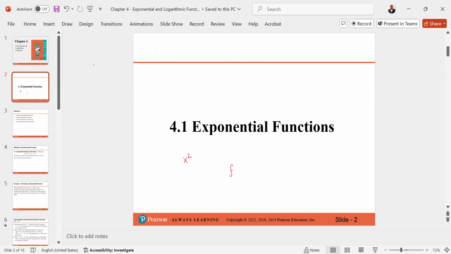For example, if I write f of x equal 2 power x, this is an exponential function. So exponential functions is any time you see there is a variable in the exponent.